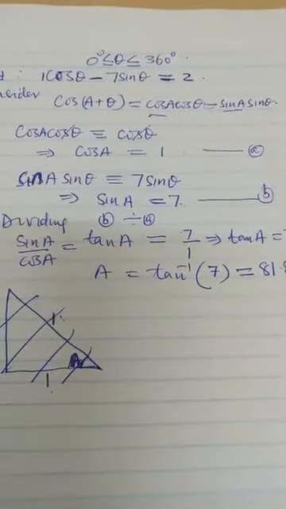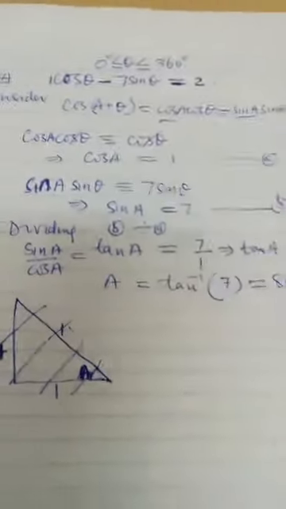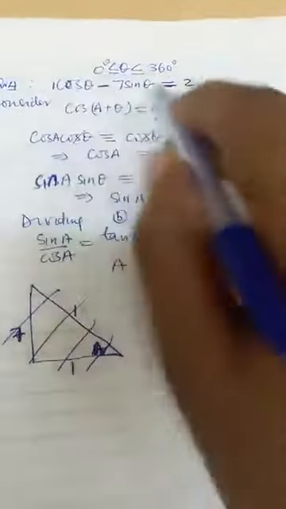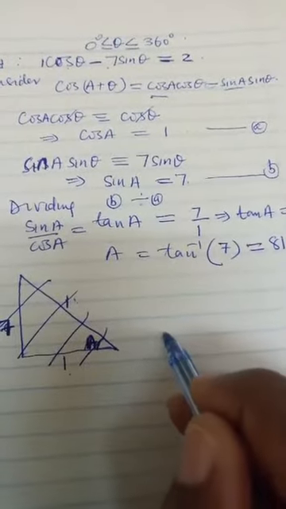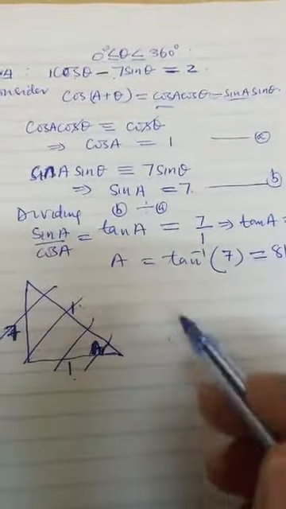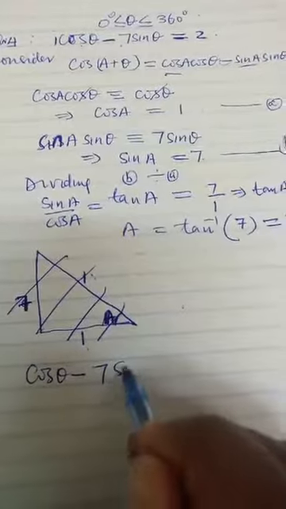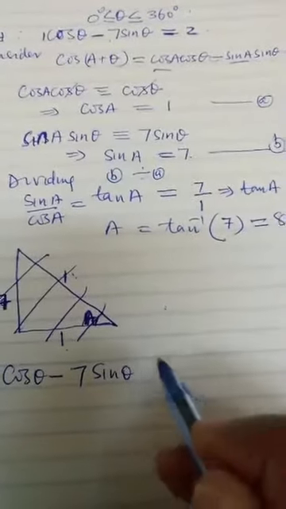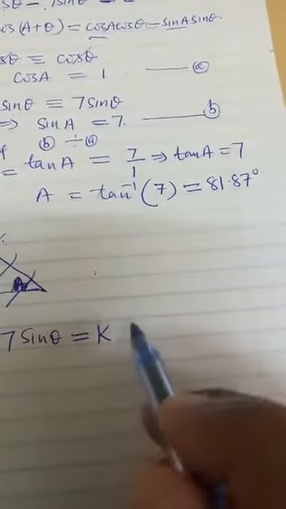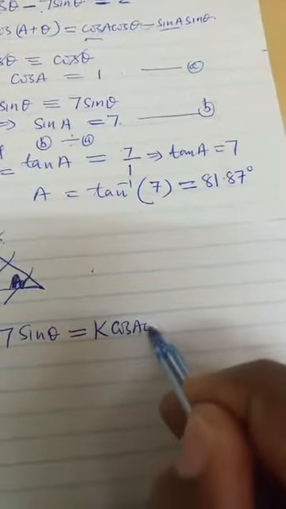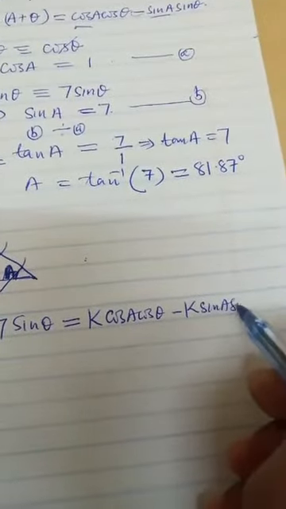If I look at this the way it is, I can consider an expansion, just the left-hand side alone. If you consider the left-hand side alone, then cos theta minus 7 sine theta is equivalent to some constant, which I could put there on our original expansion, into cos A cos theta minus that constant into sine A sine theta.